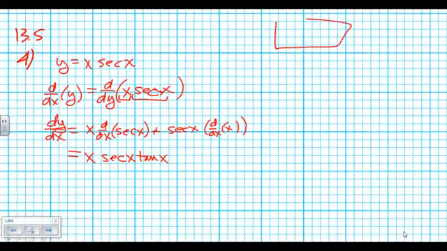On one side, the derivative with respect to x of secant x, and on the other side, secant x tangent x. Plus secant times, what is the derivative of x? 1. So there we have it: x secant x tangent x, plus secant x. Done.